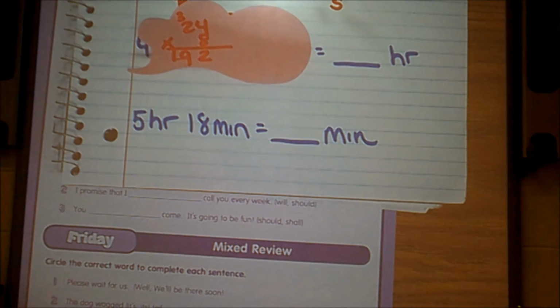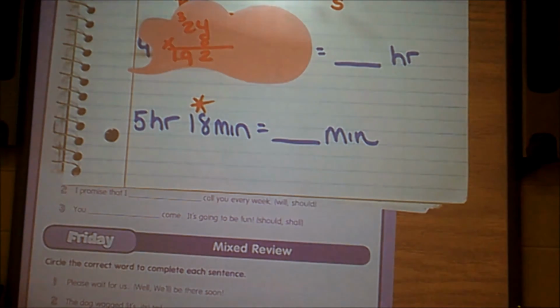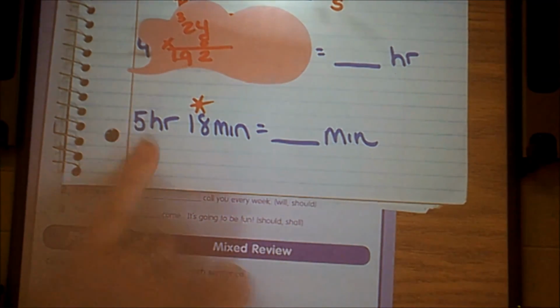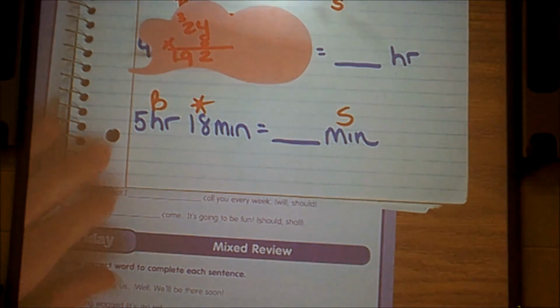I want to convert 5 hours and 18 minutes into just minutes. So in order to do that, I'm going to leave this guy alone right now, and I'm just going to focus on converting my 5 hours into minutes. Big to small, we multiply.